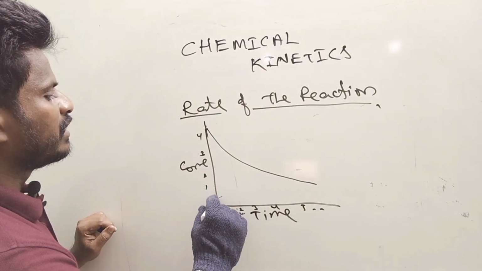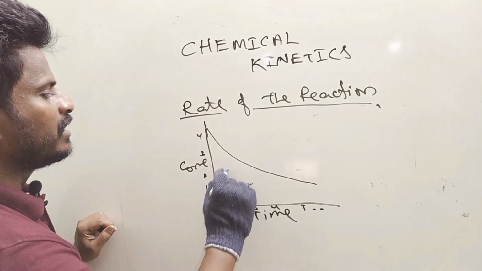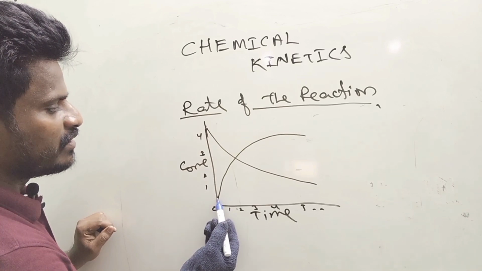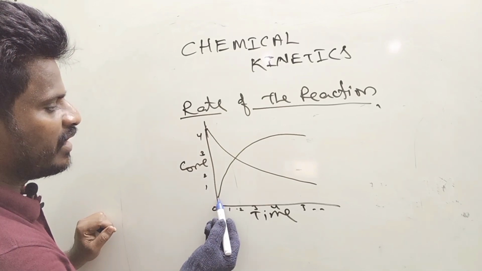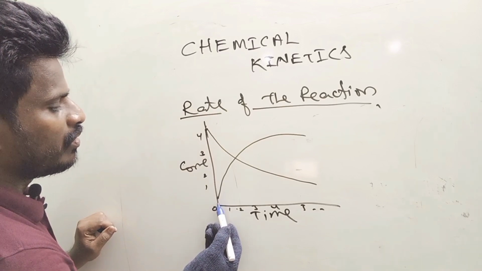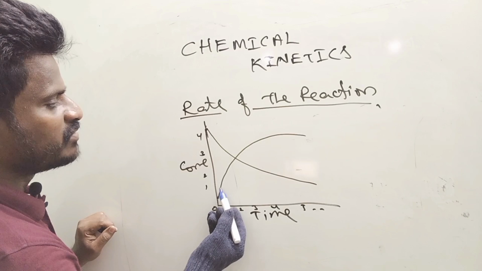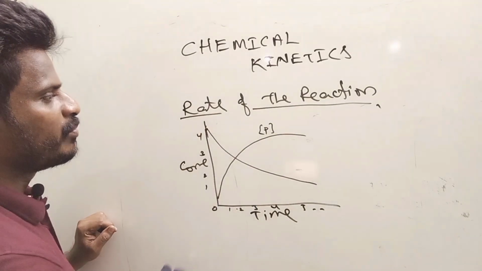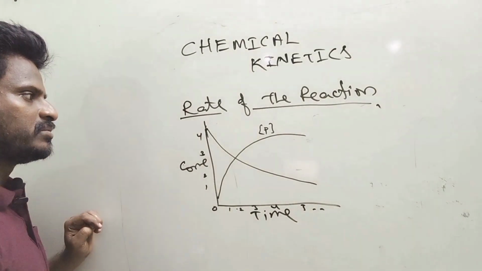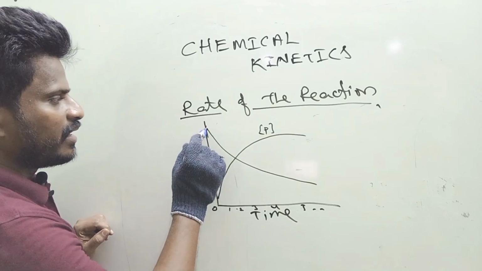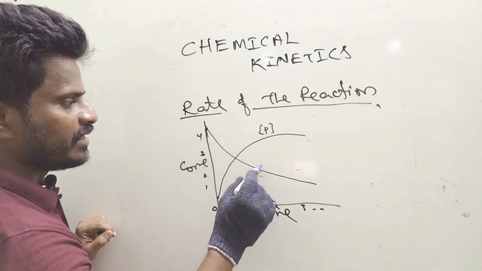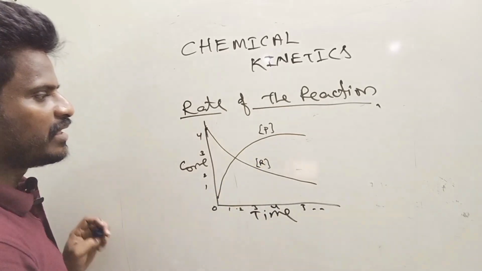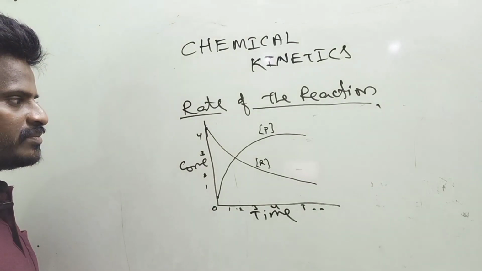The product is increasing, so the initial concentration of the product is 0. After some time it increases, that is why the concentration of product increases. And here the concentration of reactant is decreasing, it indicates the curve represents the reactant concentration.